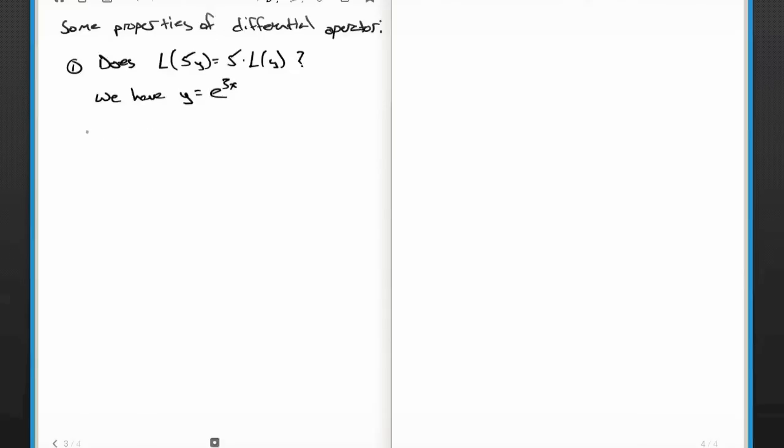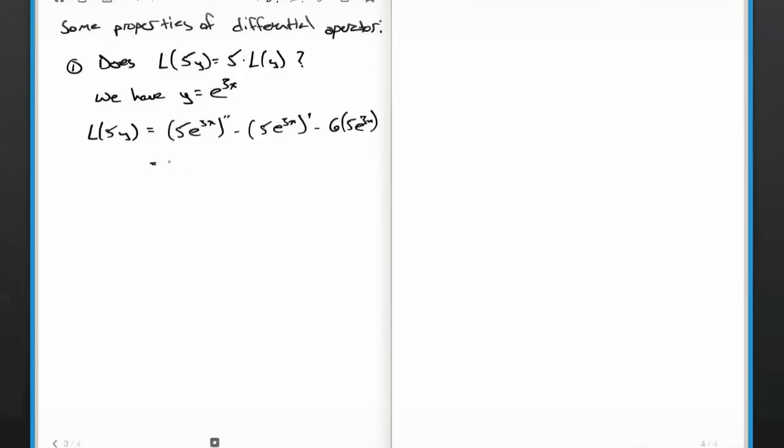L of 5y equals, so that would be 5 e to the 3x double prime minus 5 e to the 3x prime minus 6 times 5 e to the 3x.